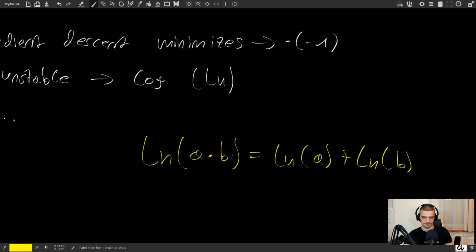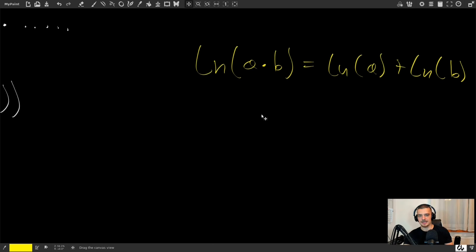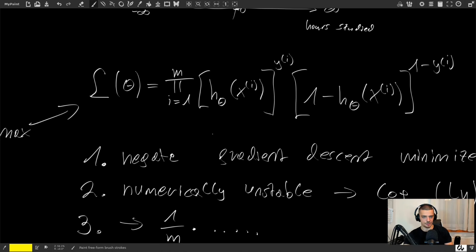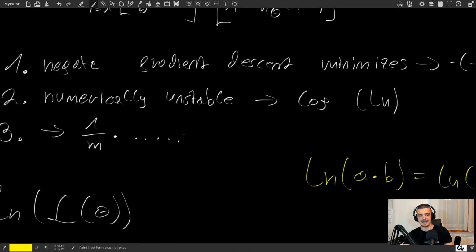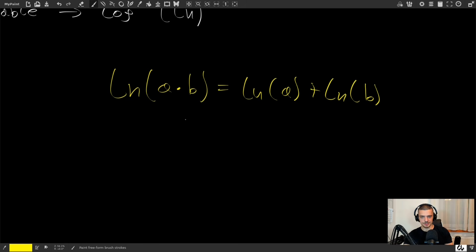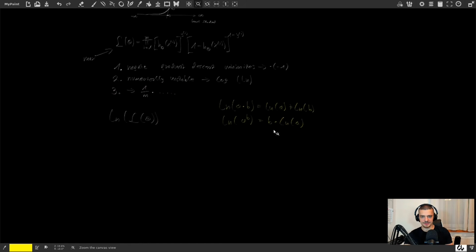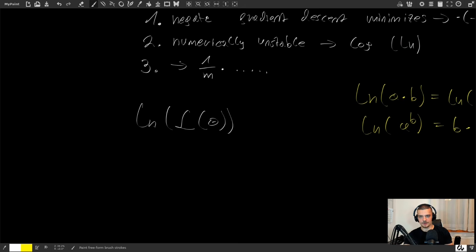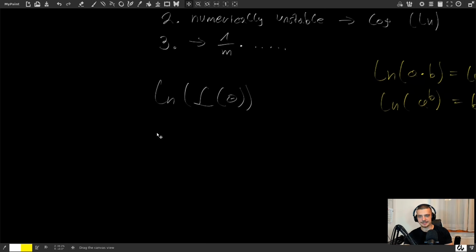So if you have ln of a times b, you can write it as ln of a plus ln of b, which means that this pi here, this product, turns into a sum in general because I can just rewrite it as additions. And then also I have a to the power of b becomes b times ln of a. Now with these two rules here, we can get the logarithm of the likelihood function, so the log likelihood function.